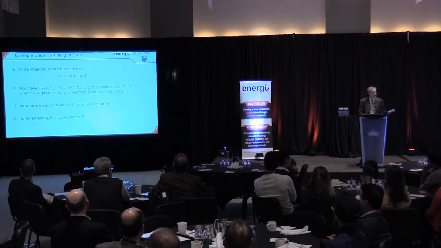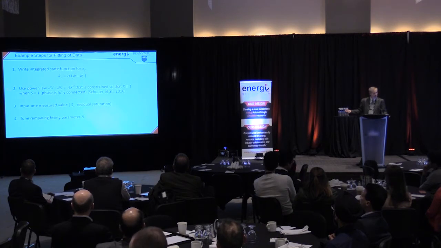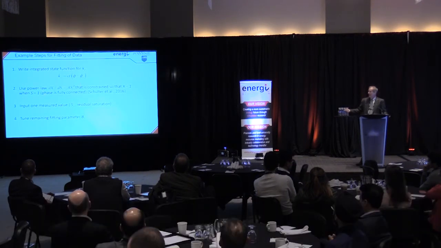So let's see how this works then with the example data. What we have to do then is write this down right here, and then express what is our path in the XS space here with this function in this case. But we understand that when S is equal to 1, then the X has to be 1, right?